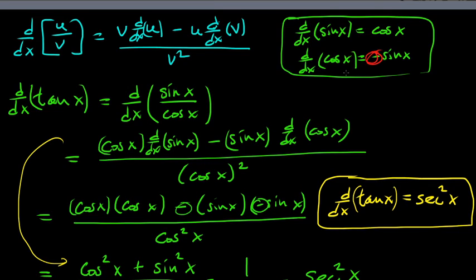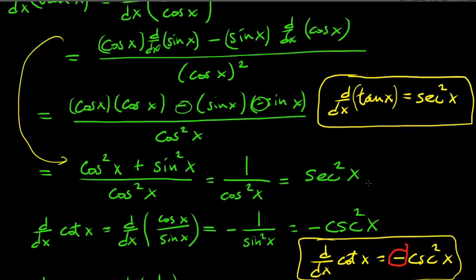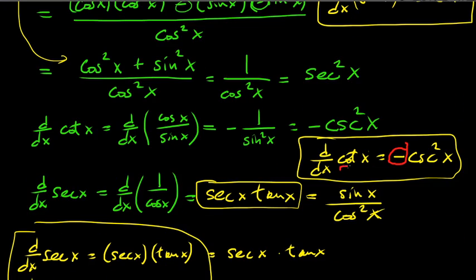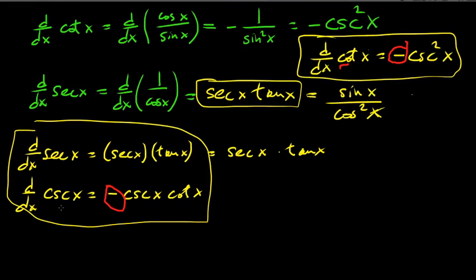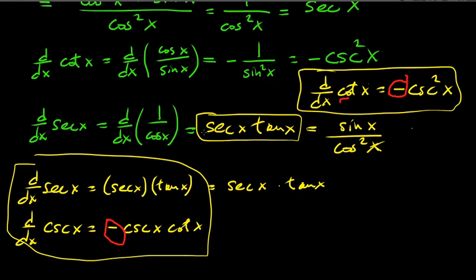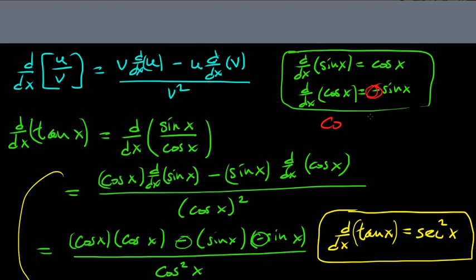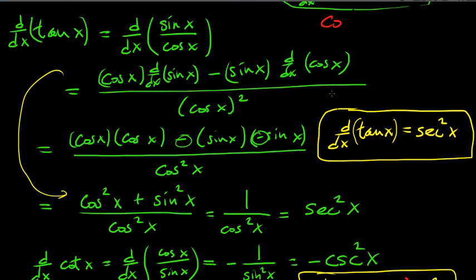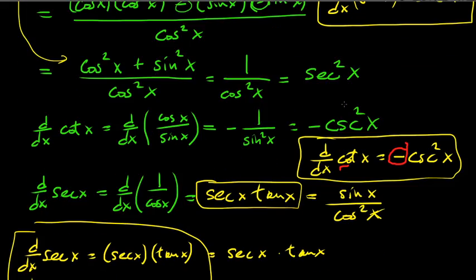They all have a co in front, right? So cosine, the derivative will be negative. Cotangent, the derivative will be negative. And cosecant, the derivative will be negative. So again, that helps a little bit in figuring out which ones have the negative sign and which ones have the positive sign. The cos have the negative, the non-co functions have the positive.